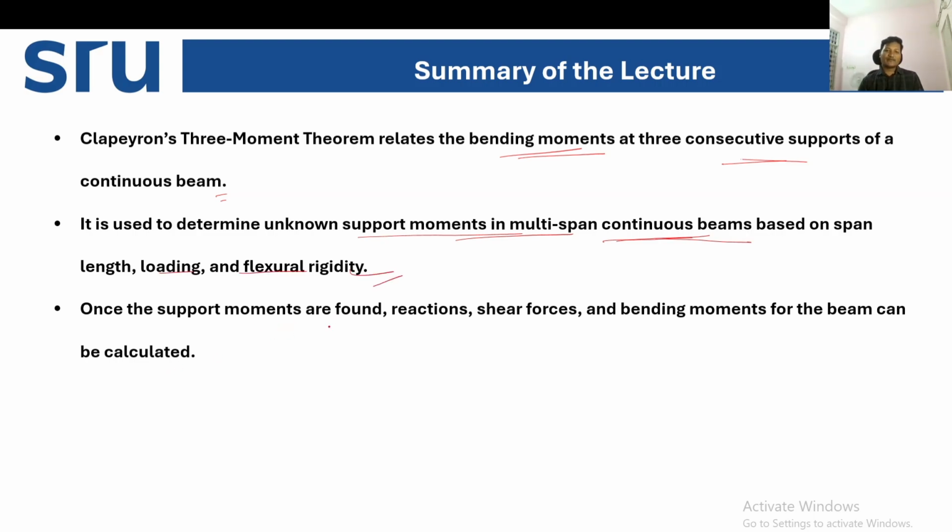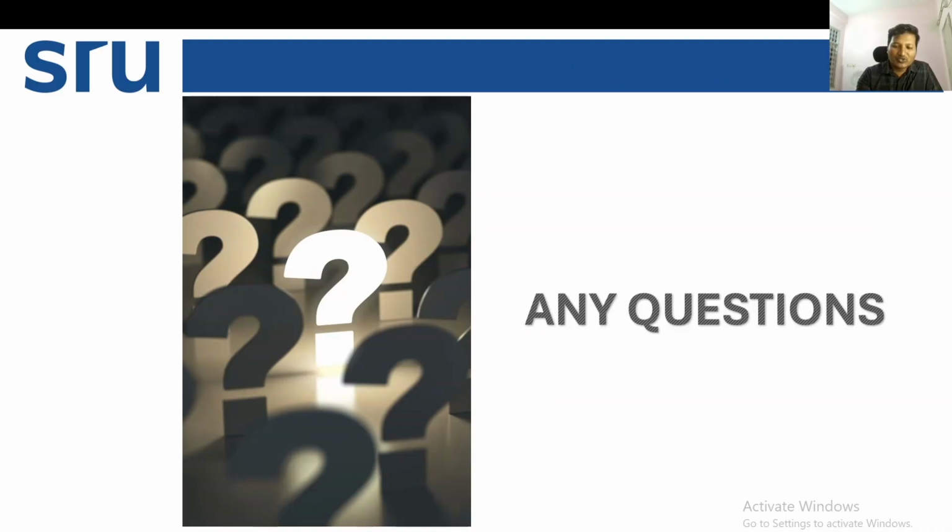Once the support moments are found, we can calculate the reactions, the shear forces and the bending moments, and the shear force diagram and bending moment diagram can be drawn. We have already drawn it, right? So this is the way we can apply the three moment theorem in three span beams. If you have any questions, you can ask.